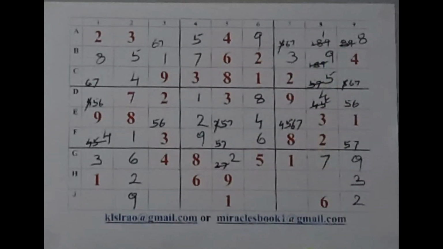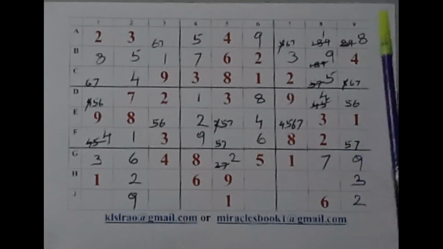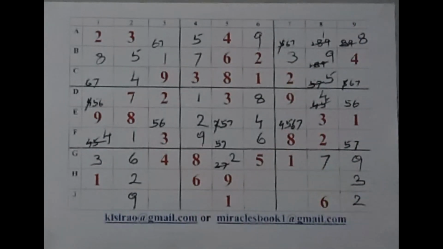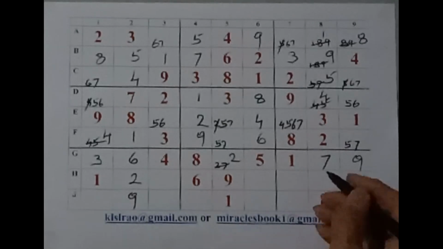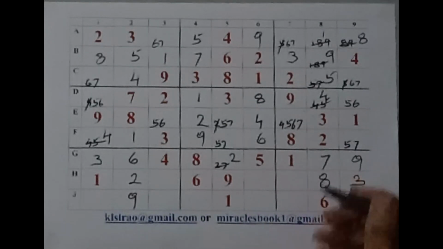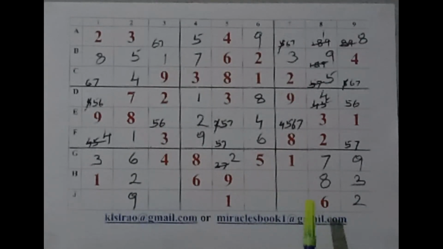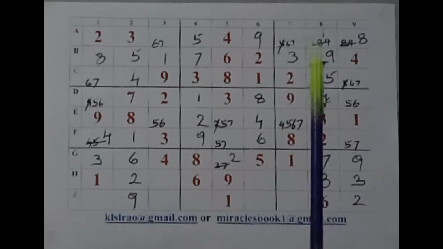And this column is having just one vacancy now. That is for what number? We have an 8 there, we have an 8 there. That means this is a place for 8. Okay, 8 here. And what can we do something about these 2 cells? We need 4 and 5.